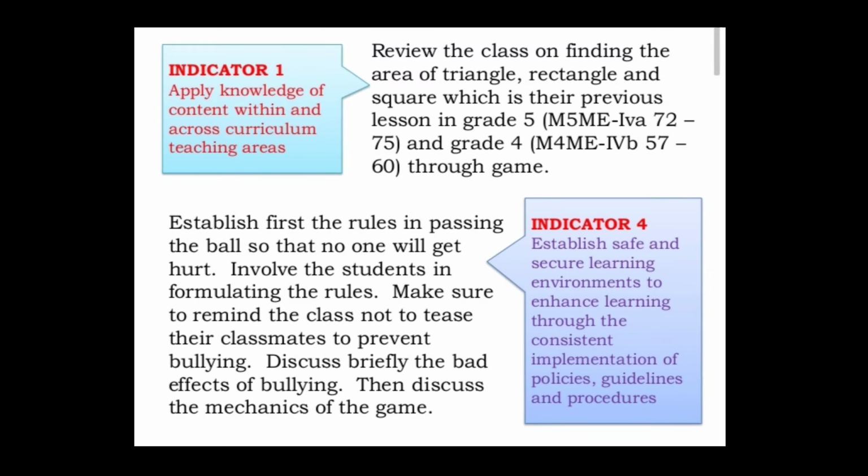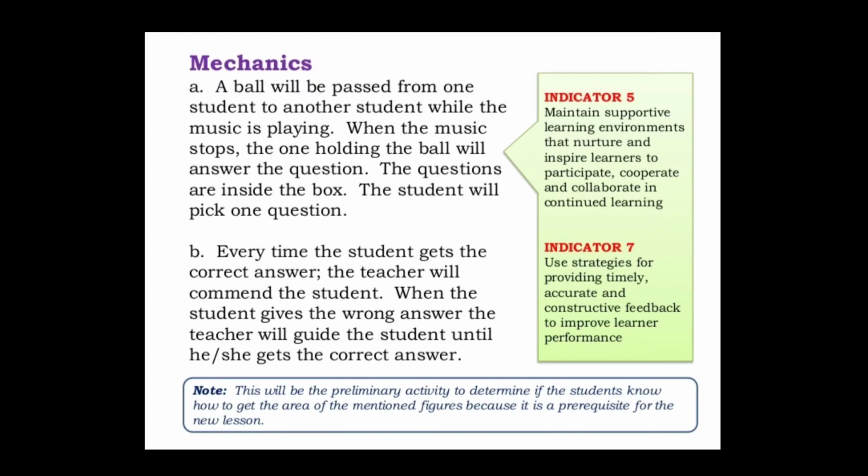Doing the activity like passing the ball while the music plays, then picking a question after the music stops by a certain student who holds the ball can be used as support to indicator 5. Doing a game with tasks to perform is learning opportunity. While commending or praising those who got the correct answer and guiding struggling students to arrive at the correct answer can be used to support indicator 7 that says the teacher provides feedback that results in opportunities for learners to improve their learning.